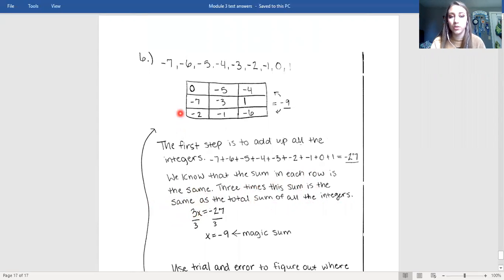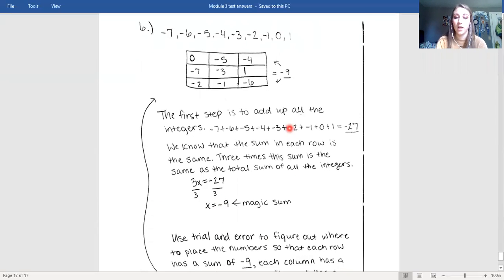So 3x, since there are 3 in each row and column, equals -27. So you divide each side by 3 and you get x equals -9. So that means that's the magic sum. It means that each row and column has to equal -9.